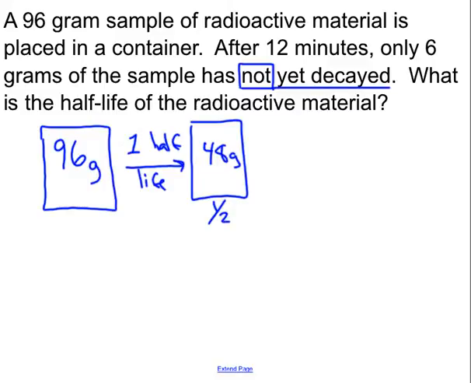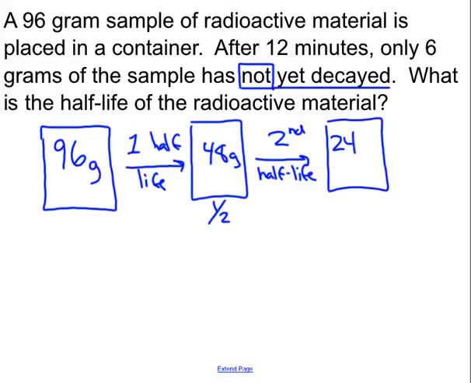Obviously, we only have 6 grams at the end, so more half-lives have to go by. If a second half-life goes by, how much are you going to have left? 24 grams. Hopefully we can cut 48 in half again. Still not there yet.